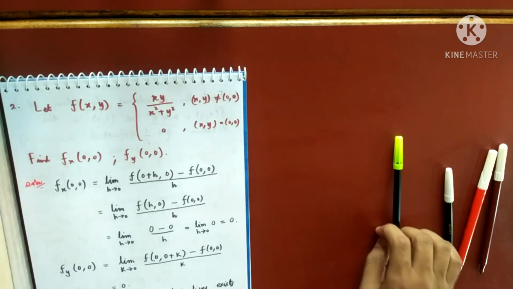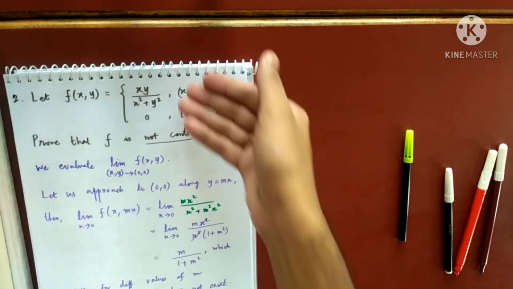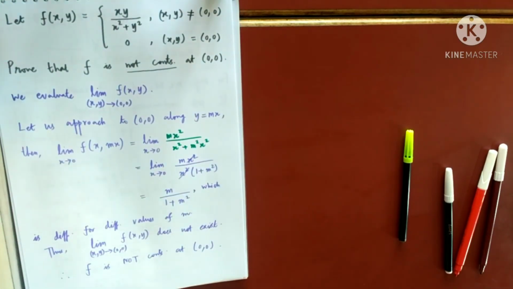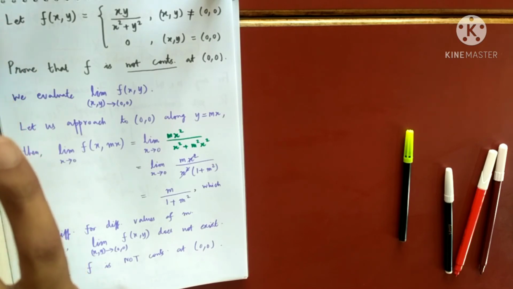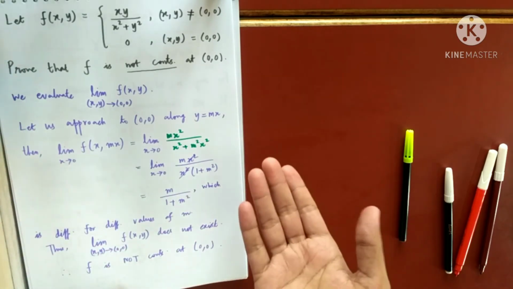We have done this question a few days back. Prove that f is not continuous at 0, 0. Here is the proof. Because this limit is different for different values of m, this limit does not exist, so the function is not continuous at 0, 0.